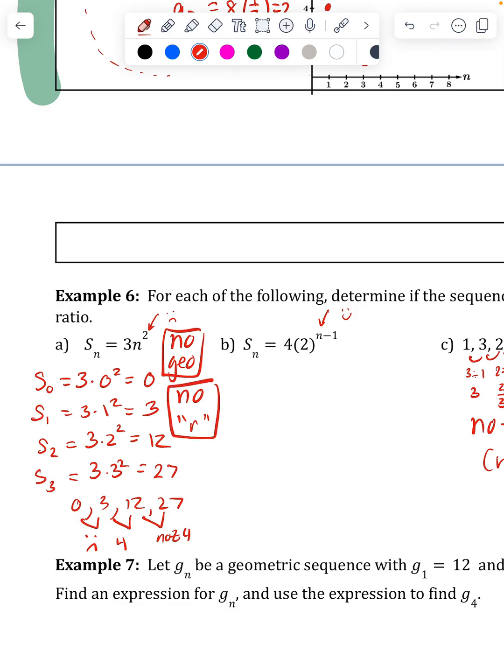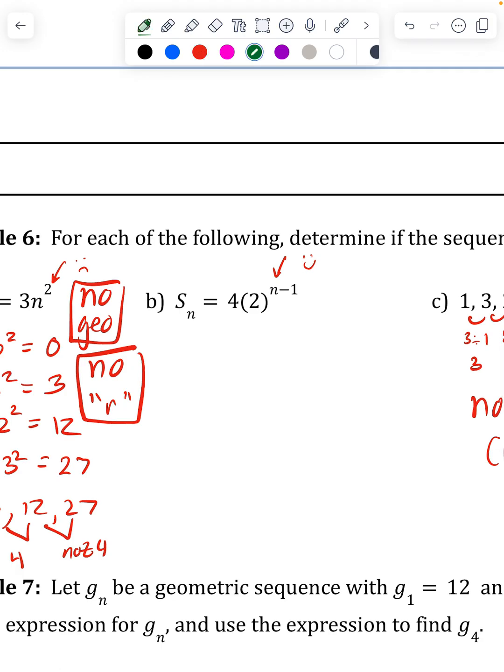Second one, I'm sort of expecting to get a common ratio because I see that it is in that exponential form where the x is in the power. So when I plug in a 0, 0 to the negative 1 is going to turn this into negative 1 power, which if you remember from your algebra days, flips that over. So this actually kicks out a 2.